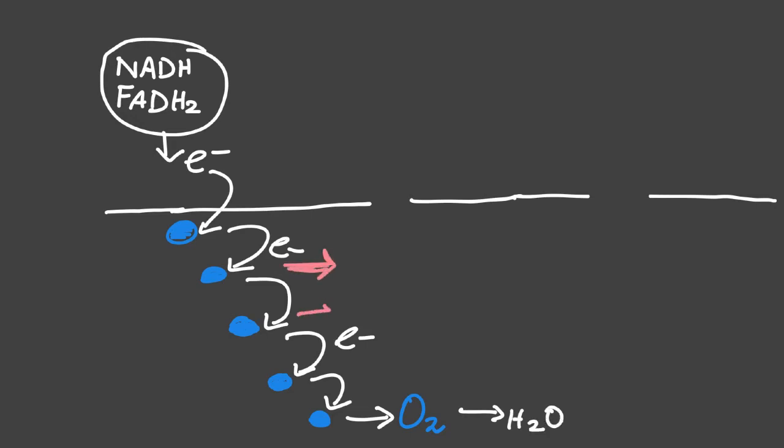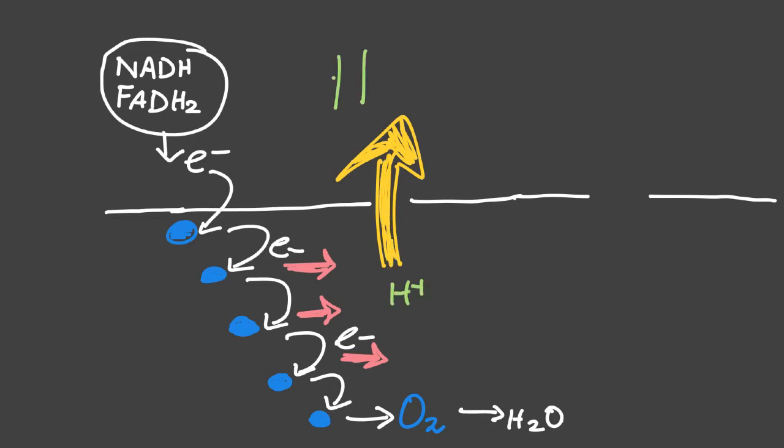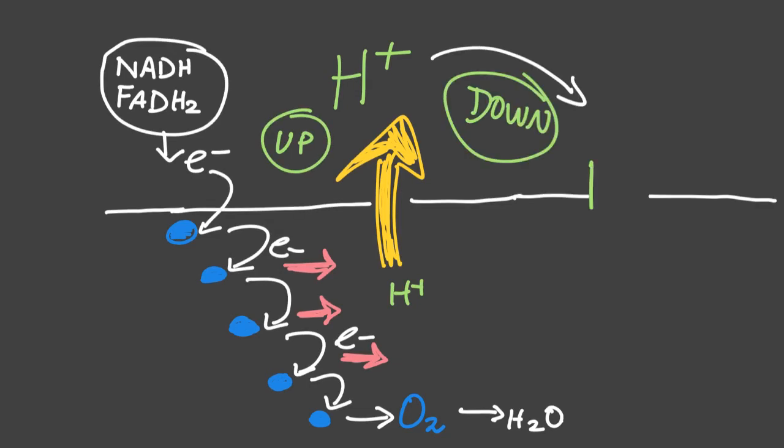The energy that comes out of the bouncing electrons is used to pump hydrogen ions against the concentration gradient. So hydrogen is pushed up its gradient. The hydrogen accumulates outside and then moves down its gradient in a great rush.